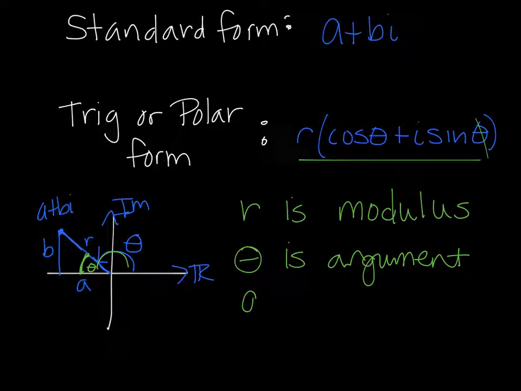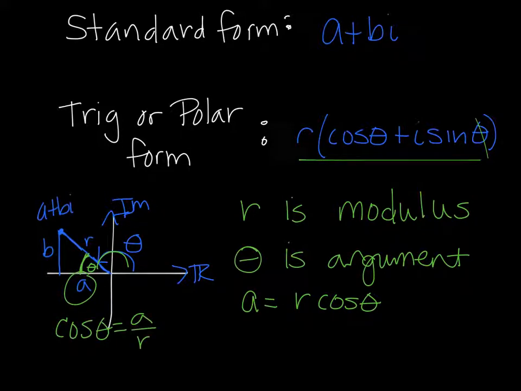Now, a is considered to be r times the cosine of theta. So let's look at that. a equals r times the cosine of theta. If you think about it, cosine of theta equals adjacent over the hypotenuse. And if I multiply both sides by r, we'll see that these r's cancel out.